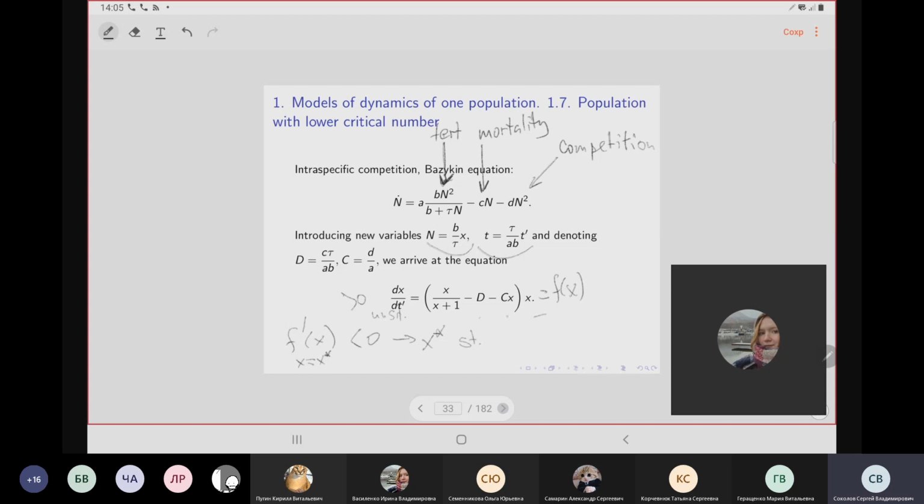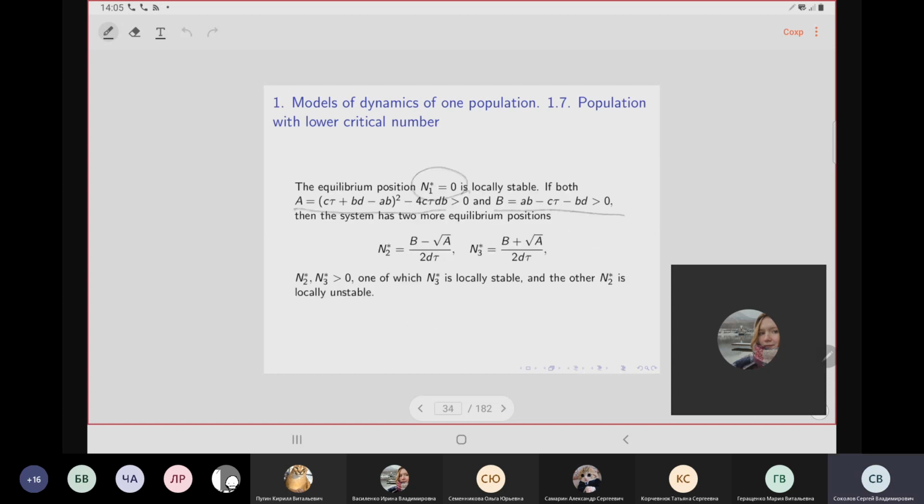So it needs some calculations, but I can't say they are too difficult. You just calculate f prime and compare it with 0.